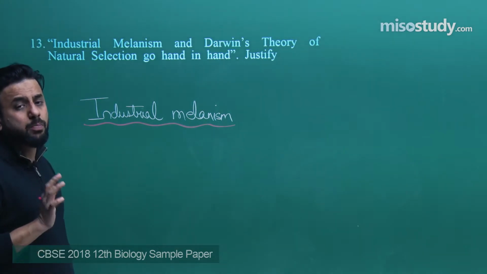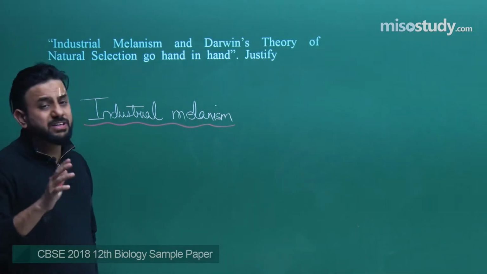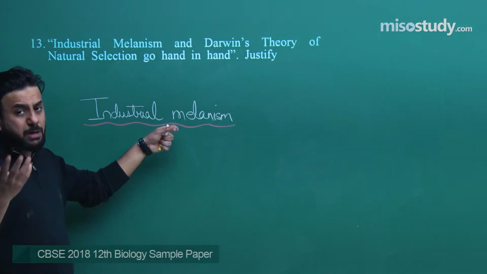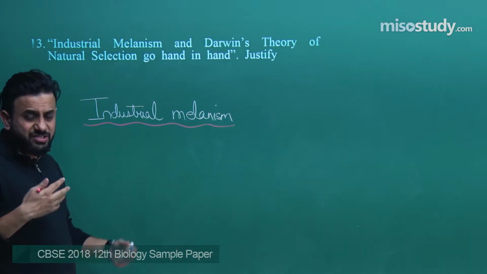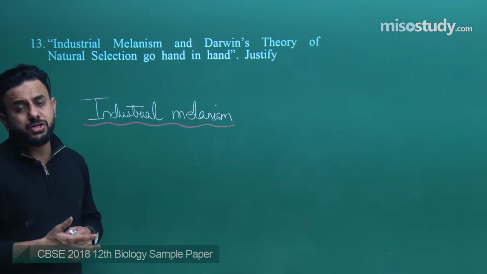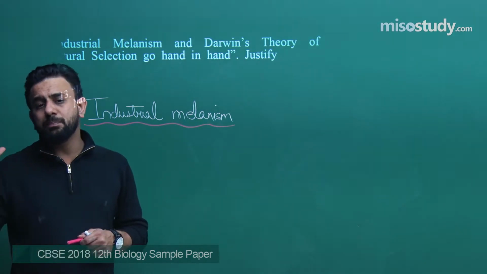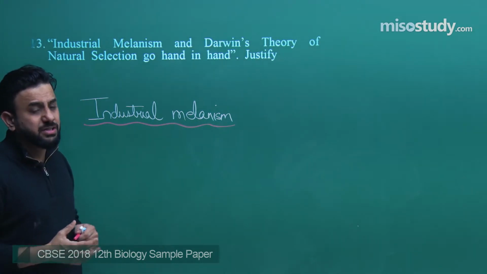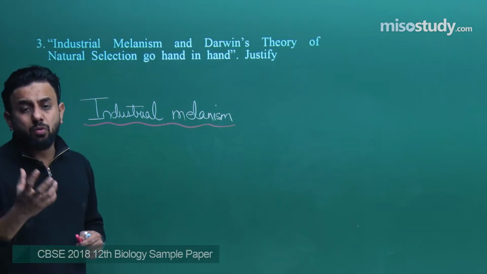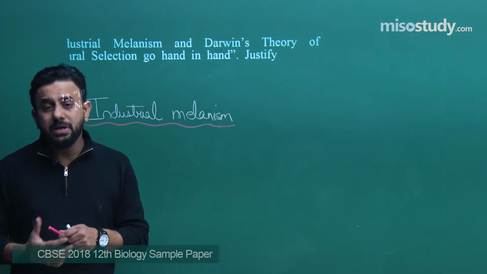Melanism basically means melanin, more pigmentation, darker pigmentation related to industries. What does this mean? This means that with more industrialization there are more impurities in the environment, and hence some of these arthropods become darker in color. That is, the melanin pigmentation increases.